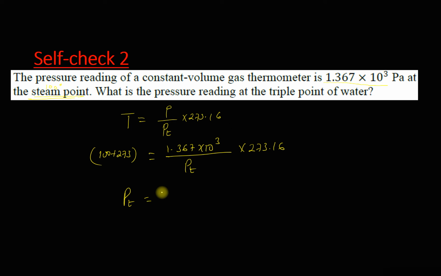So this is giving us 1001.1 pascals, or 1.0 times 10 to the power of 3 pascals. So the pressure there is going to be 1.0 times 10 to the power of 3 at the triple point.